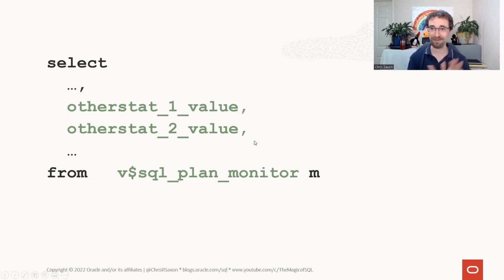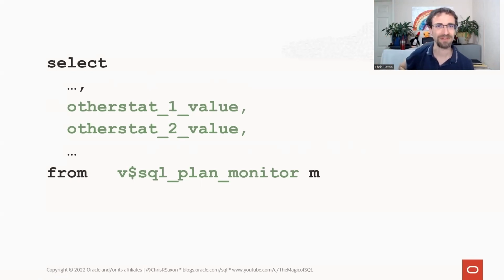Another little trick, the SQL Plan Monitor. For those of you who don't know, for long-running queries in Oracle Database, once they've been going for more than a few seconds, the SQL Plan Monitor kicks in. What this does is show you the execution plan updating in real time, so you can see the rows flowing through the execution plan.